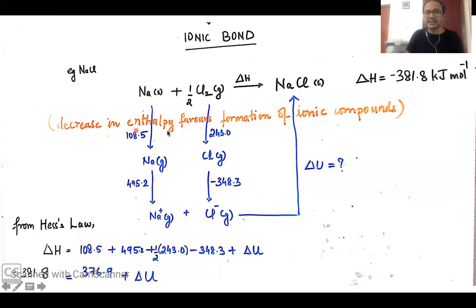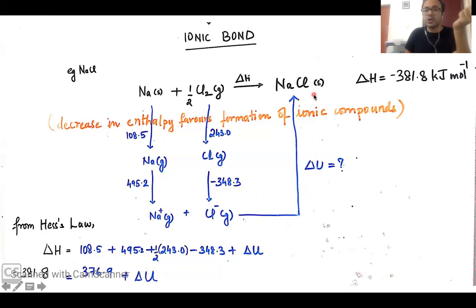A decrease in enthalpy favors formation of an ionic compound. So we just understood that when sodium chloride forms from its constituent elements, it leads to a decrease in the energy or the enthalpy, and as a result, the formation of sodium chloride or common salt is highly feasible, or favorable.